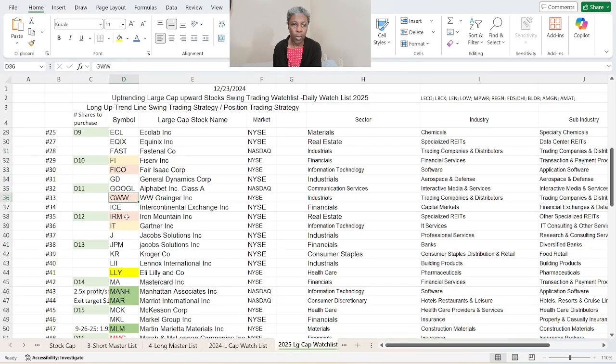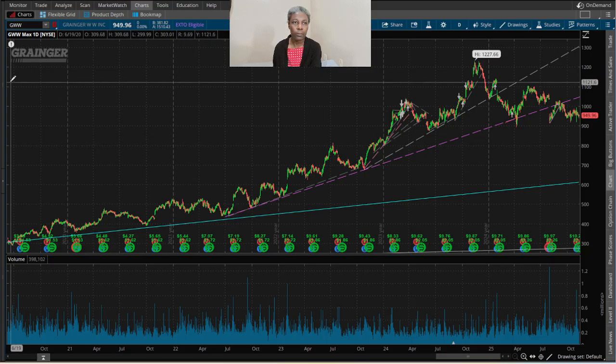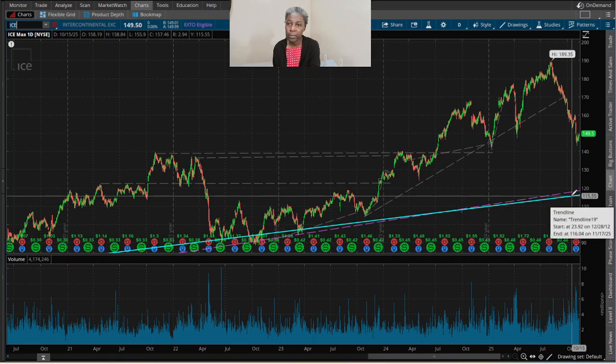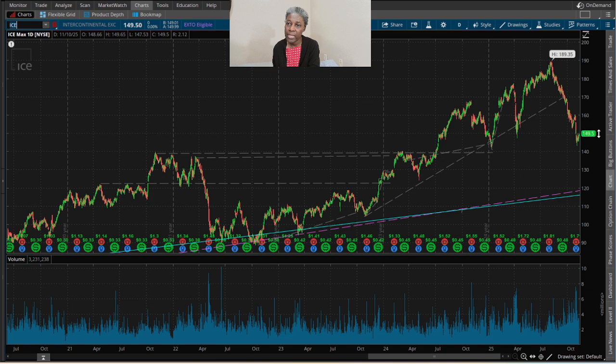So the one more that we are going to analyze is ICE. ICE is on its way down. We like to buy at those valley lines. Yesterday the price went up, we have a green bar there, but overall it is going down.